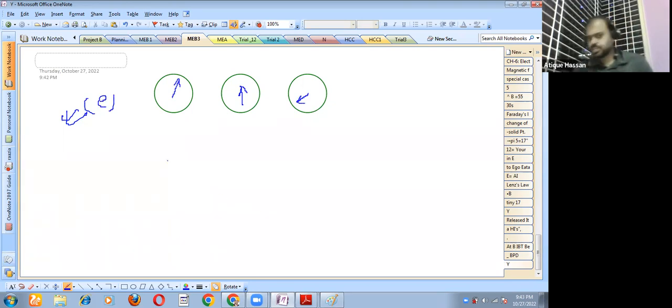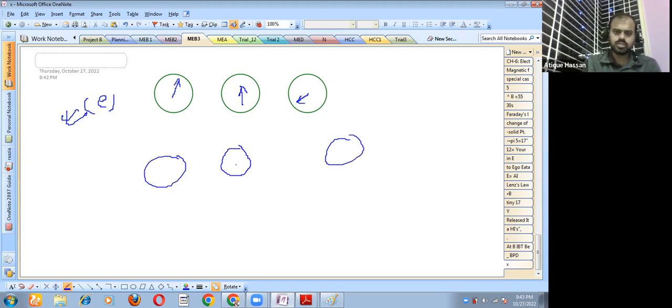Suppose I am adding option E. If you see option B there, both are the same. Only the thing is that it is pointing down.